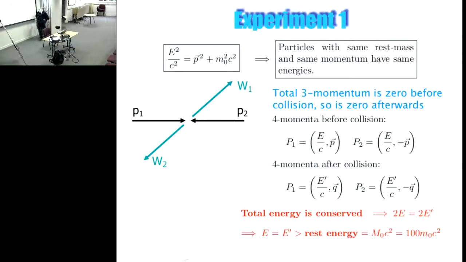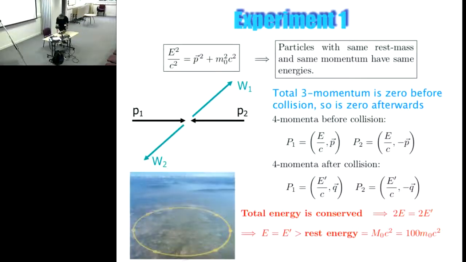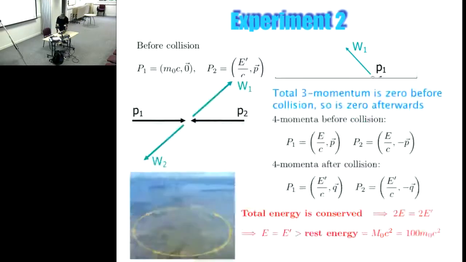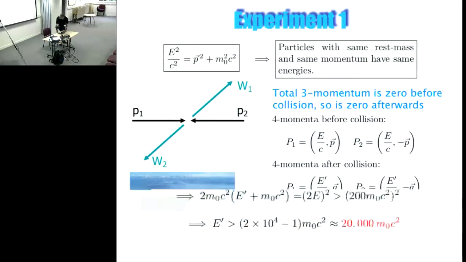Total energy is conserved, so that plus that must equal that plus that, which tells me that my E prime must at least be as big as my E. So I need energies of 100 m0 c squared, so I need 100 GeV beams. Two 100 GeV beams, and that you can do in a particle accelerator quite easily.